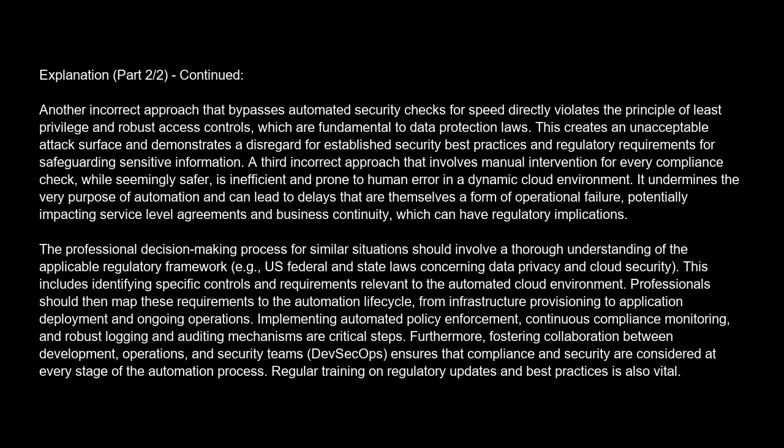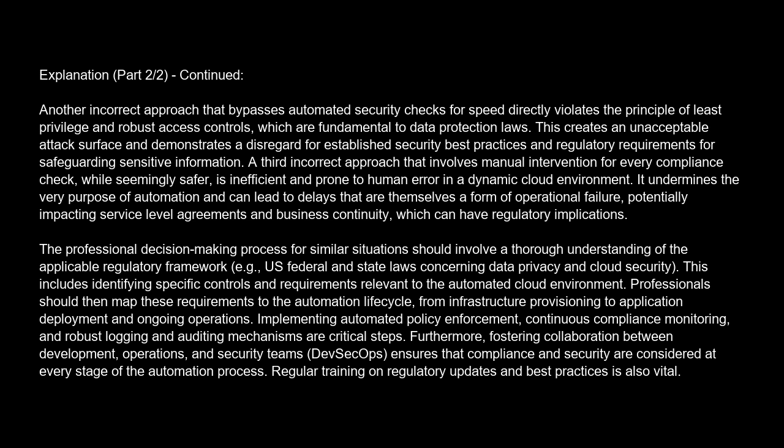The professional decision-making process for similar situations should involve a thorough understanding of the applicable regulatory framework, e.g., U.S. federal and state laws concerning data privacy and cloud security. This includes identifying specific controls and requirements relevant to the automated cloud environment. Professionals should then map these requirements to the automation lifecycle, from infrastructure provisioning to application deployment and ongoing operations.